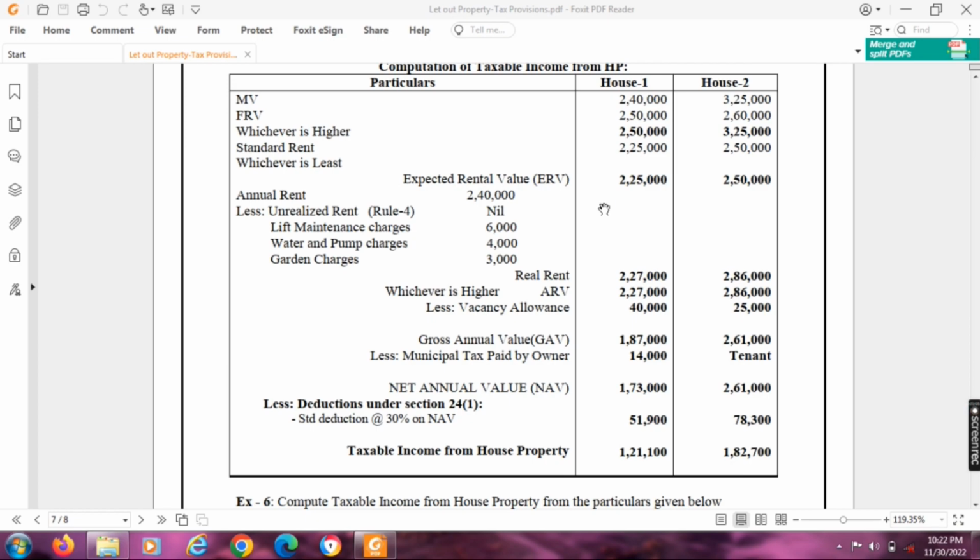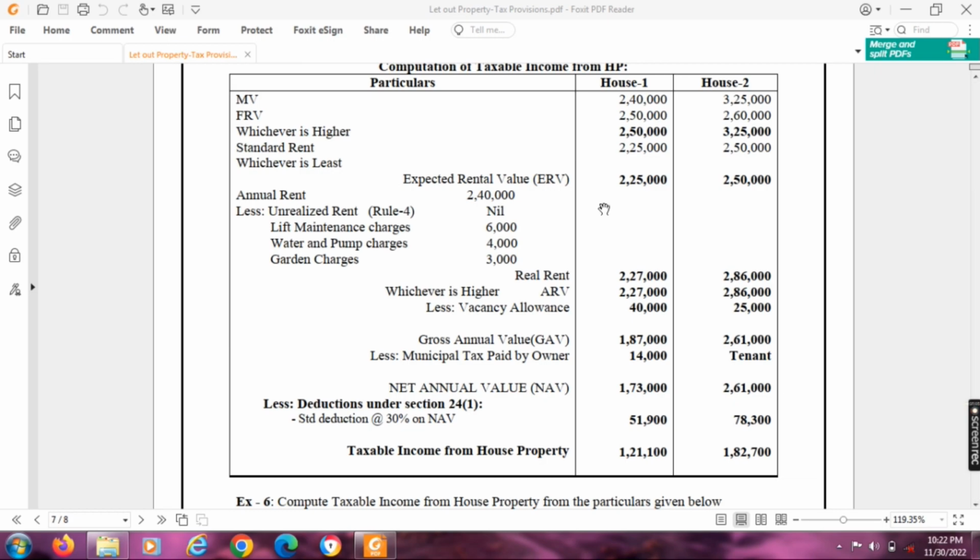From that gross annual value, we can deduct municipal tax paid by the owner. For the first house, municipal tax paid by the owner 14,000. For the second house, it was paid by the tenant, so that should be ignored. So only 14,000 we can deduct for house 1. So the balance value is called net annual value.